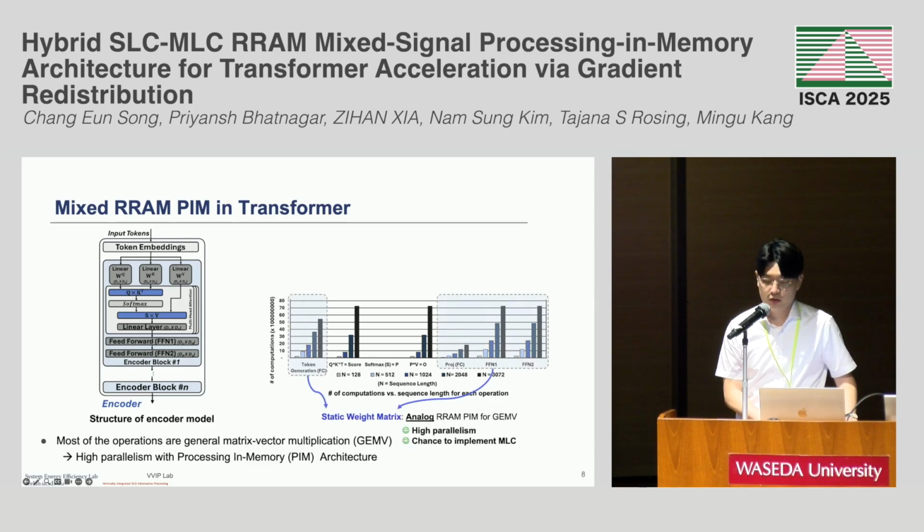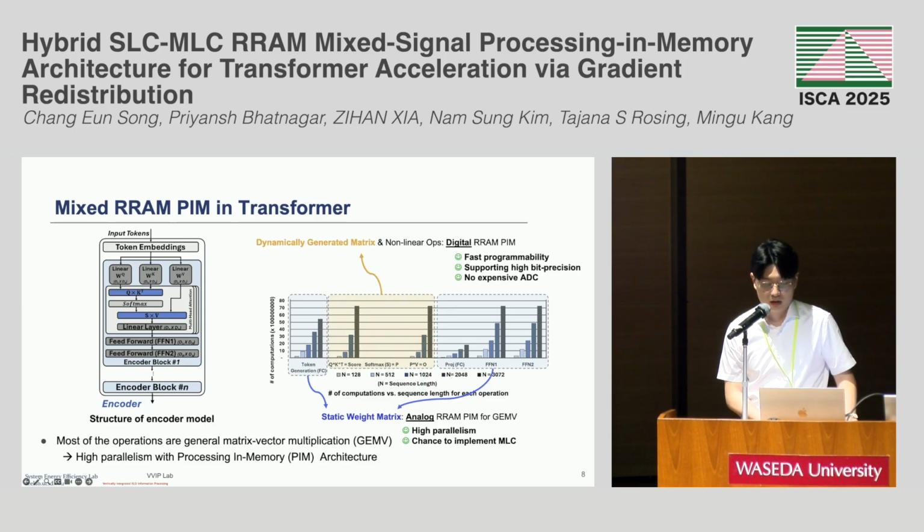Especially for the linear layer, which has the static weight matrix, once the weight matrix is written, it doesn't change during the inference. We can use the analog RRAM PIM operation for the GEMV, so we can enjoy high parallelism, and also the chance to implement the multi-level cell.